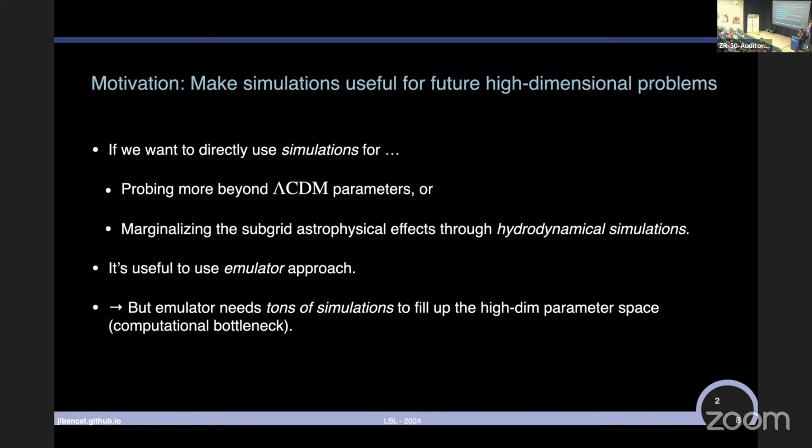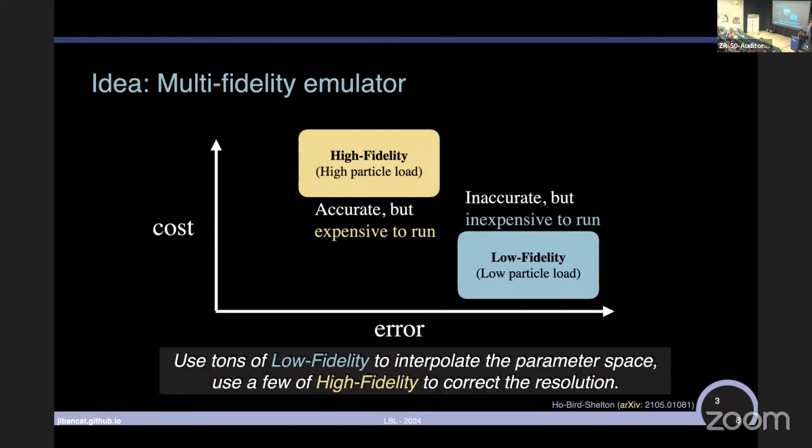Currently the useful way is to use the emulator approach, but the emulator approach requires you to have lots of simulations running in a hyperdimensional space. And you can imagine if you go to higher dimension, it's going to be very expensive. So one idea we have is: how about we use lots of cheaper simulations, low fidelity, low quality, but you can have many of them to fill out the hyperparameter space.